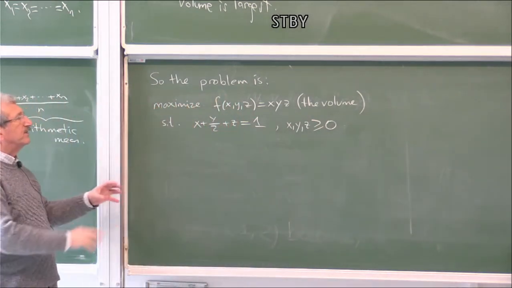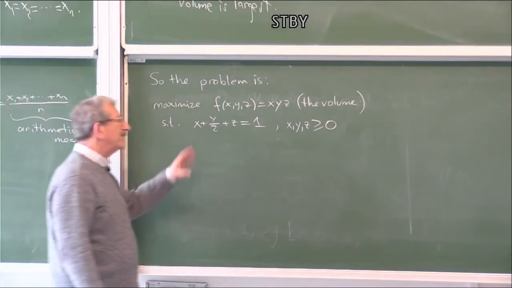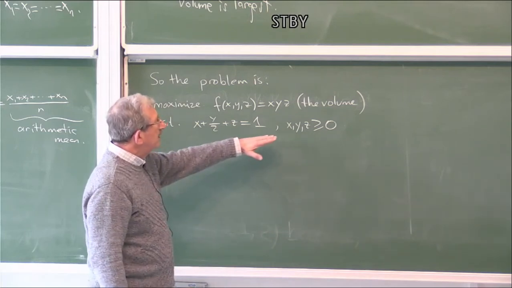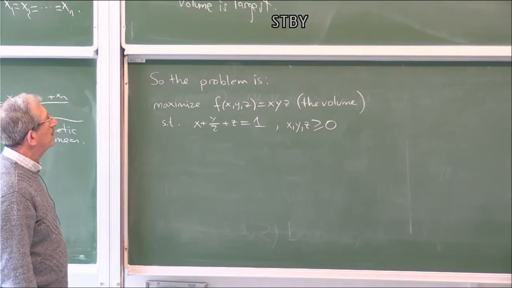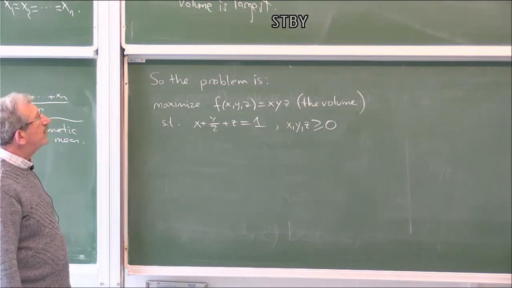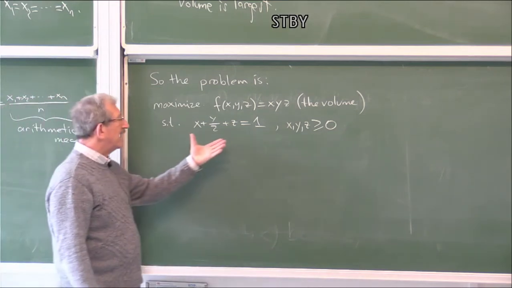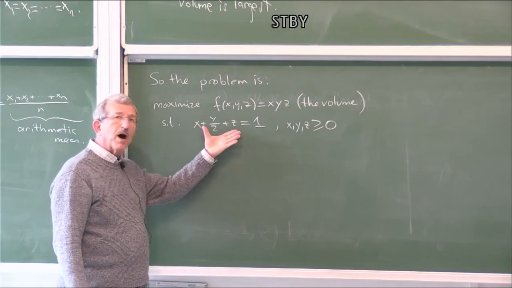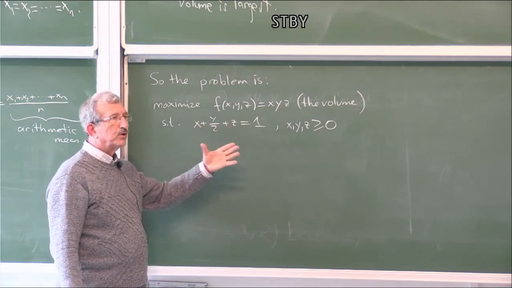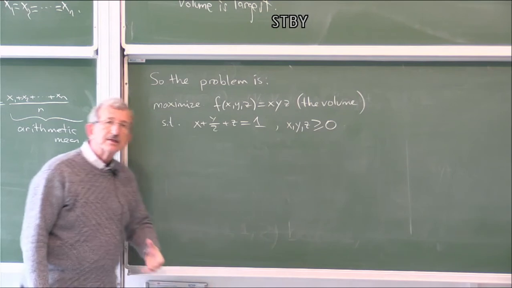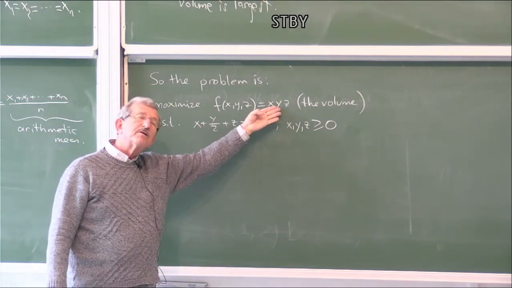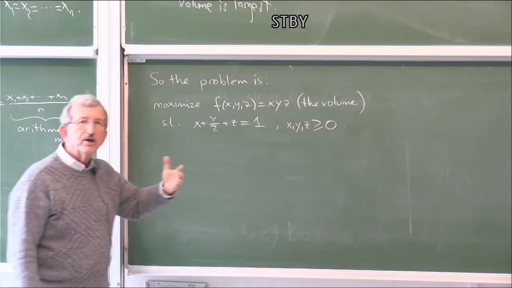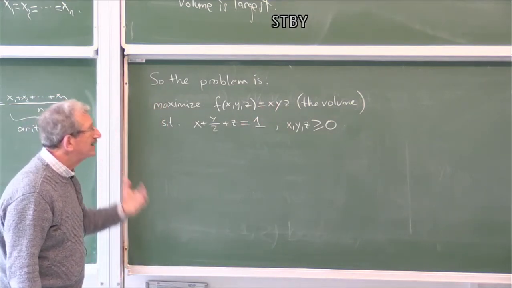Now, under these conditions, when x, y, z are non-negative, we are going to satisfy this equation. Of course, it says that all x, y, z are bounded. We are talking about a closed and bounded set. And this function is a polynomial in 3 variables, so it's continuous. So maximum and minimum exist.